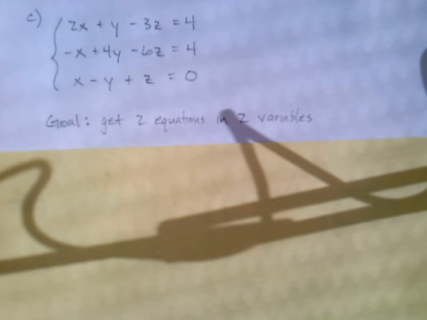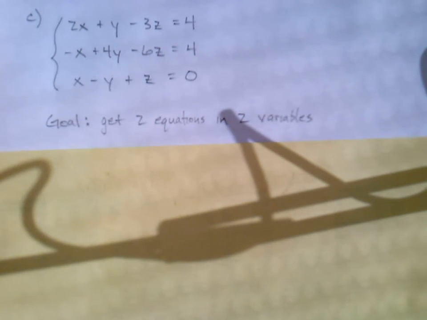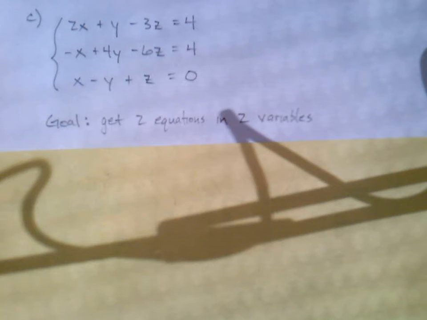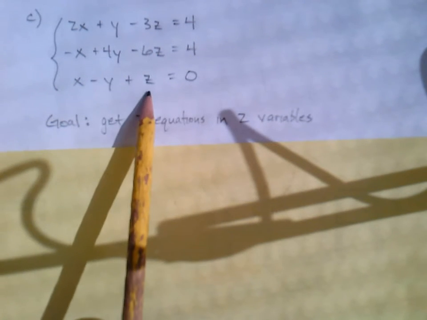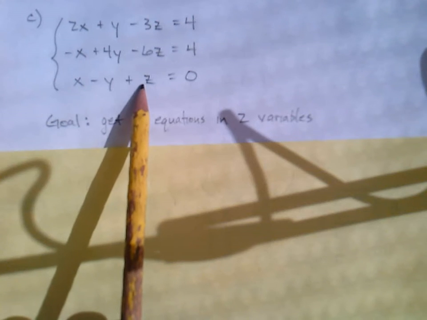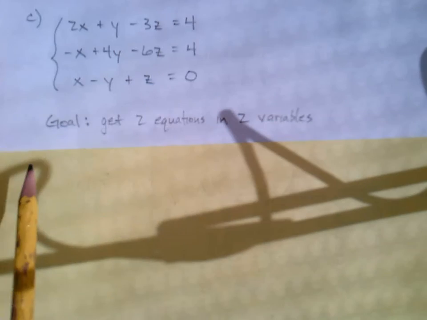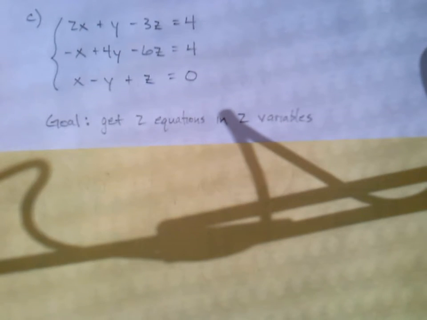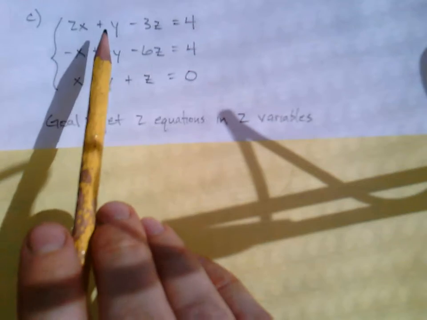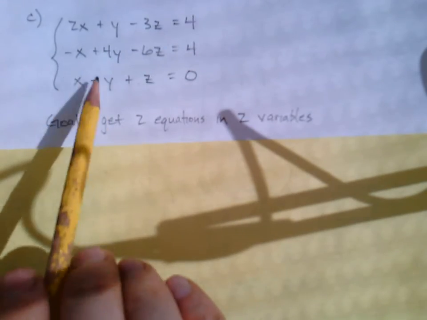At this point, different classes, different people see different things. You might see, oh, z, I could multiply by 3 here and add it with that. I could also multiply by 6 and add it with that. And I could eliminate z twice. Yep, sure could. Hey, y, I could combine equation 1 and 3 and eliminate y.